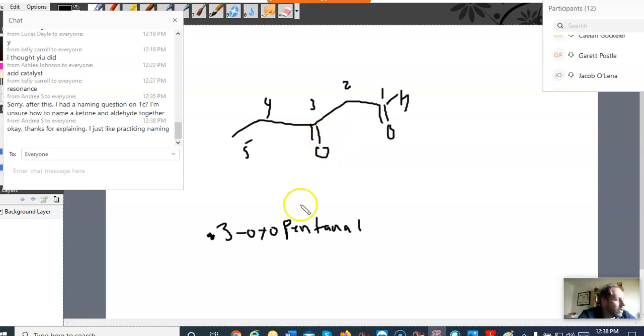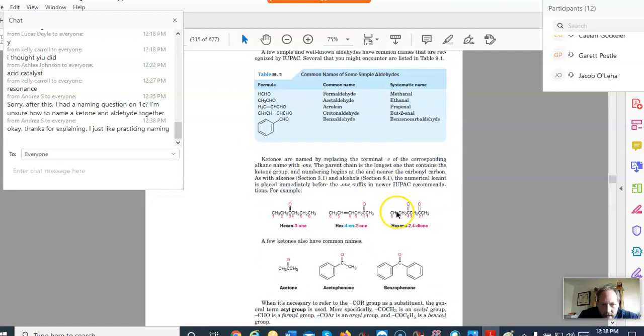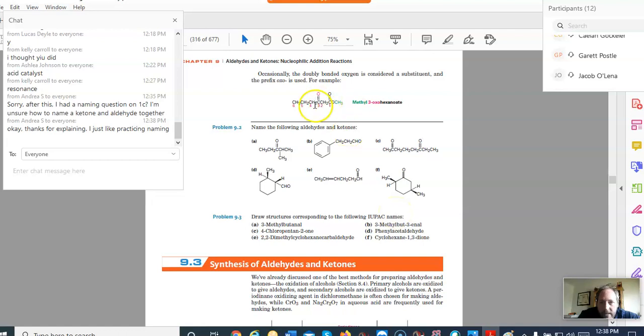Okay, yeah, sure. I did notice that they do actually have one example in the text. That's just why I went over it. Otherwise, I wasn't going to go over it. I saw it right here. Occasionally, the double bond oxygen is considered a substituent, and the prefix oxo is used. I don't think there's any problems that even have that. I think they just show that to you. See, here's a diketone.